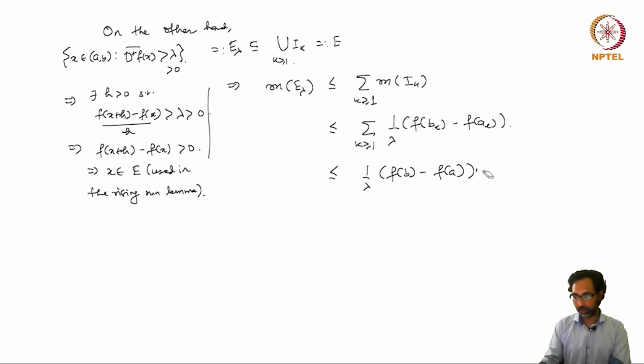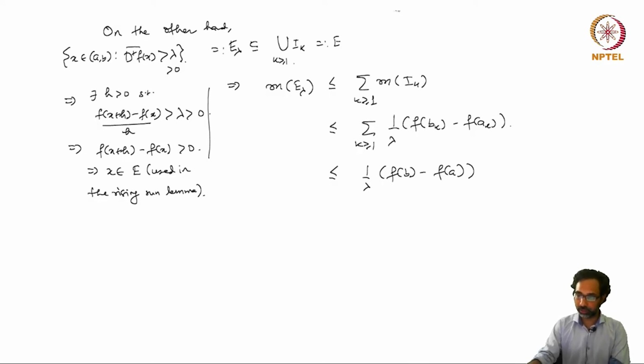So by taking a sort of partition of the interval (a, b), you can fill in other points and make this a telescoping series, so that the terms f(b_k) and f(a_{k+1}) will cancel out, and you are only going to be left with f(b) minus f(a).